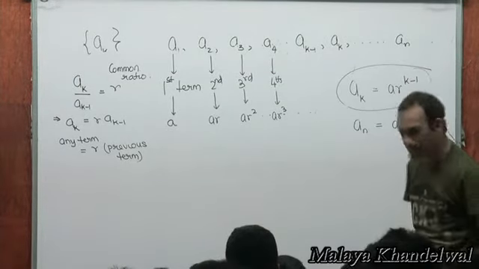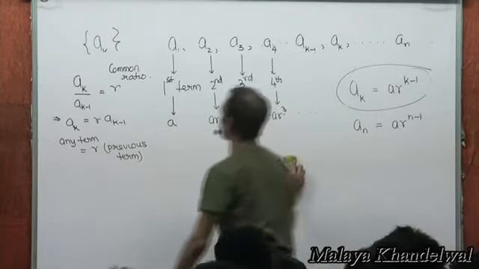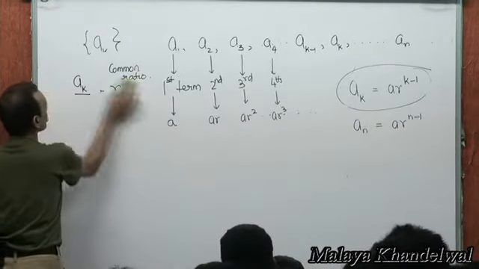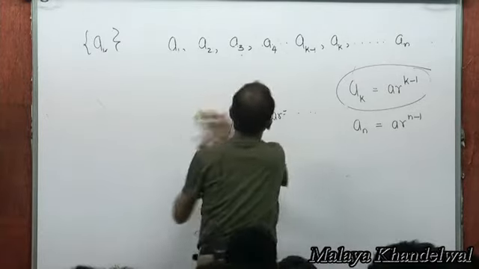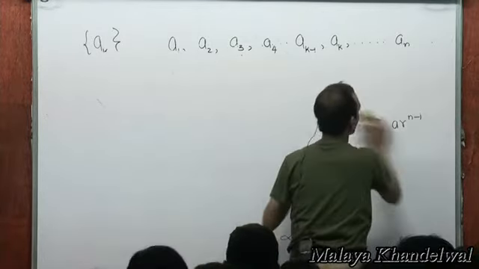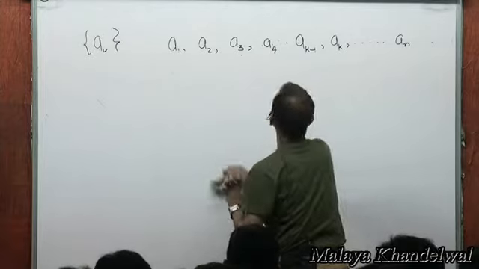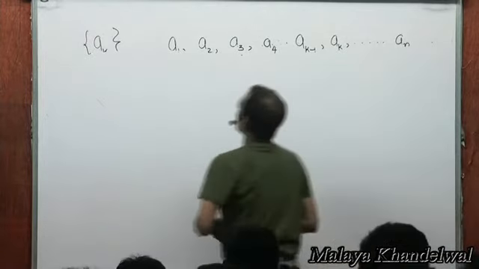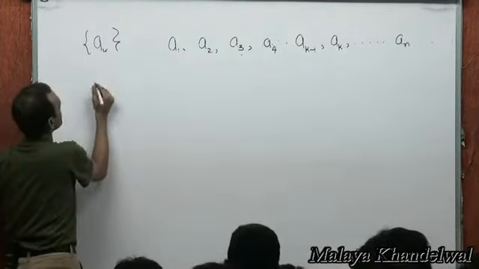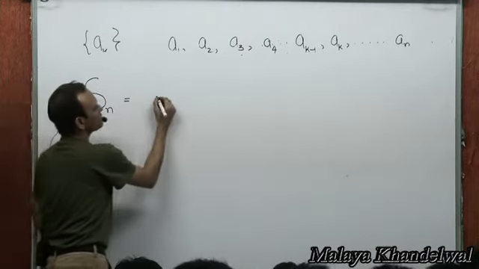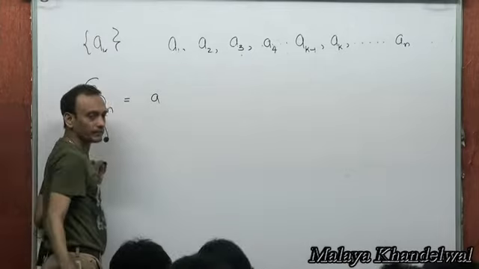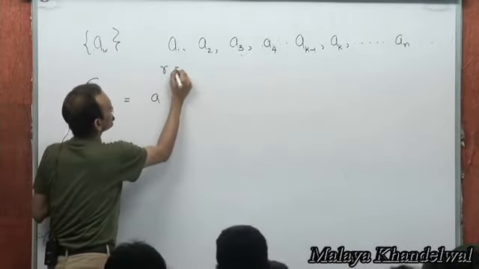How about it? Right? So what we do is the following. Say I have a GP series and sum of n terms. What's the first term? A, say. R is the common ratio of this GP series.